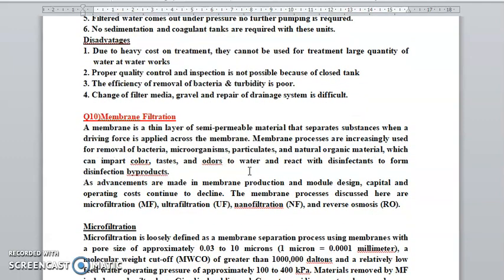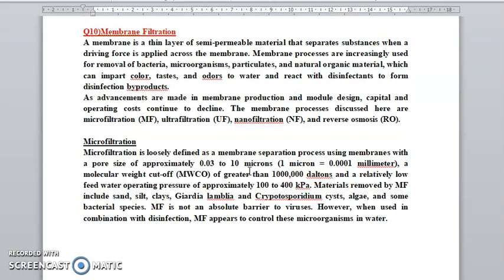How does it work and how is it done? A membrane is a thin layer of semi-permeable material that separates substances when a force is applied across the membrane. Membrane processes remove bacteria, microorganisms, particulates and natural organic material, which can impact the color, taste and odor of the water and react with disinfectants to form disinfection byproducts. With advancements in membrane production and module design, capital and operating costs continue to decline.